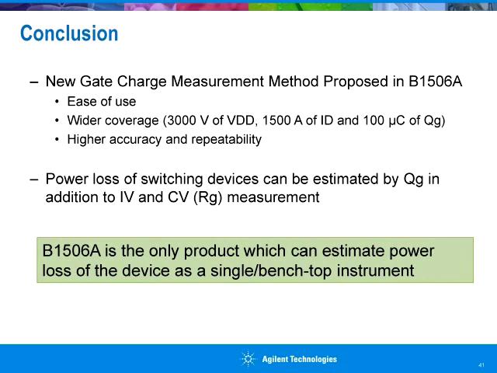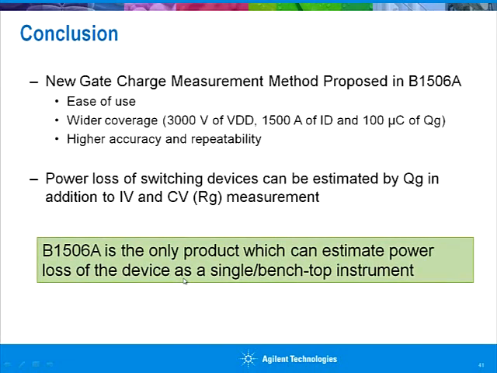So, as I explained, to evaluate the total power loss of the switching device, including conduction loss, driving loss, and switching loss, it is necessary to measure on resistance from IV measurement and input internal gate capacitance from capacitance measurement, and also it is necessary to measure QZ.